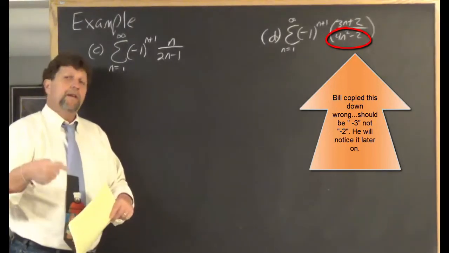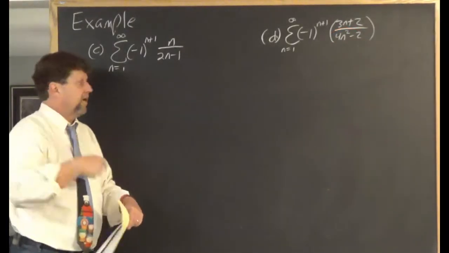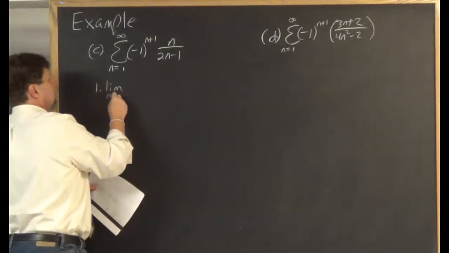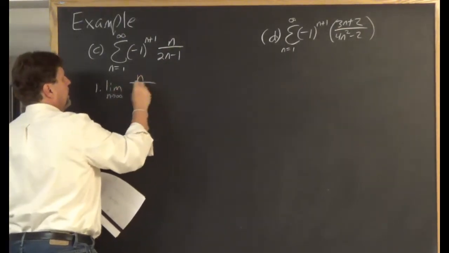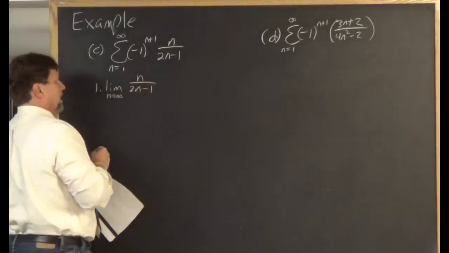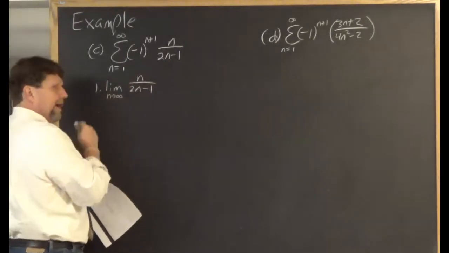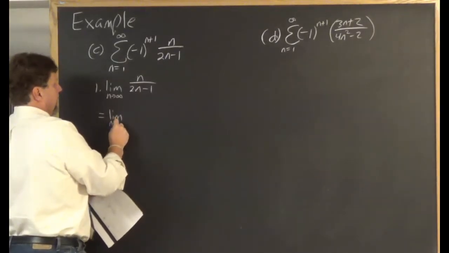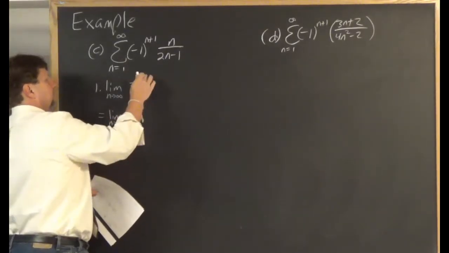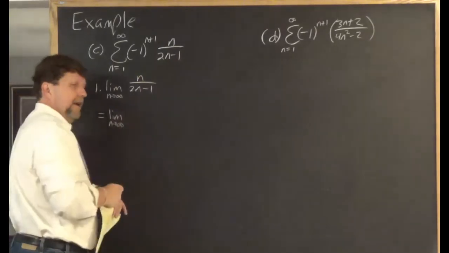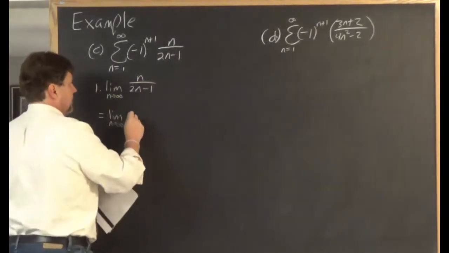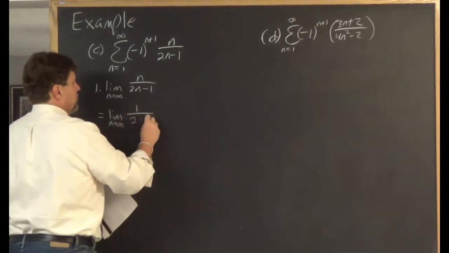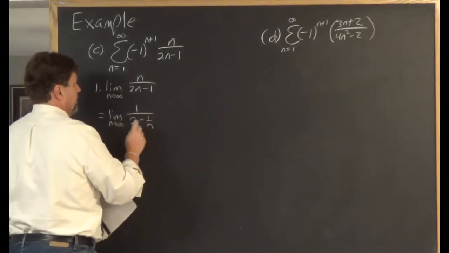Let's start off cranking it through the alternating series test. Part 1. The limit as n goes to infinity, n over 2n minus 1. All right, so trying to find that limit, I would divide everything in the numerator and everything in the denominator by n. So I get 1 over 2 minus 1 over n.